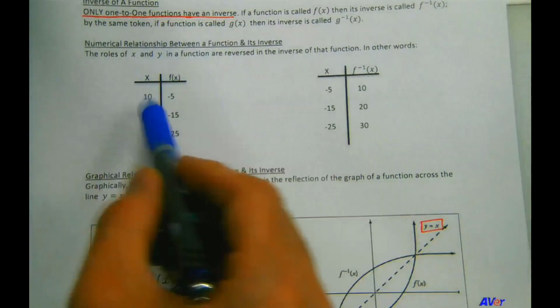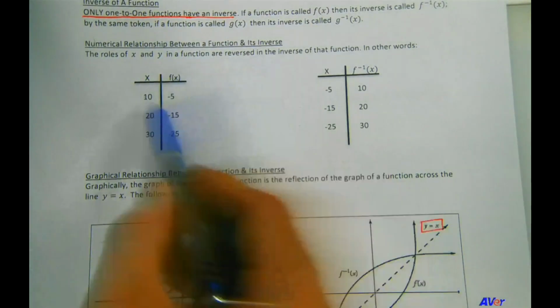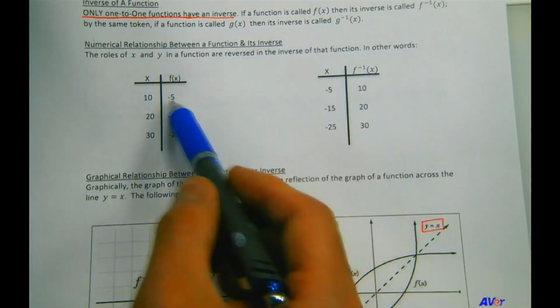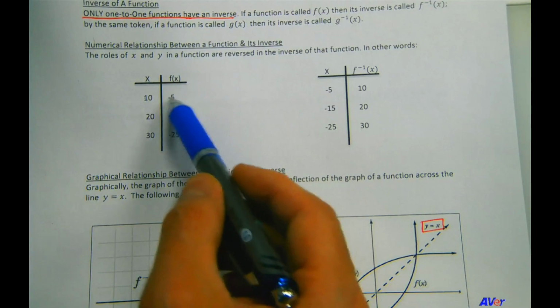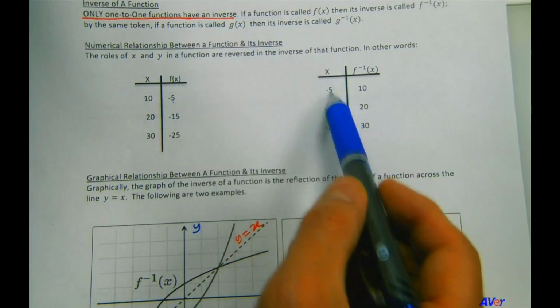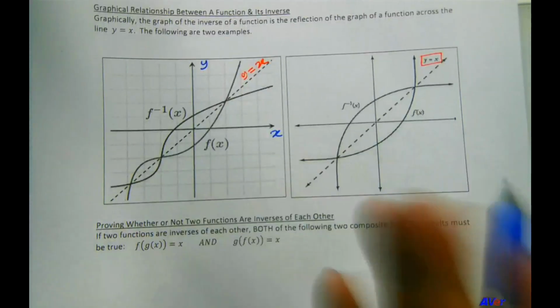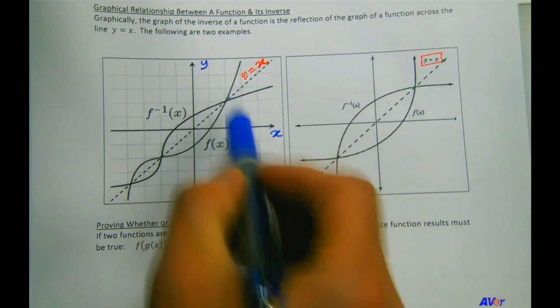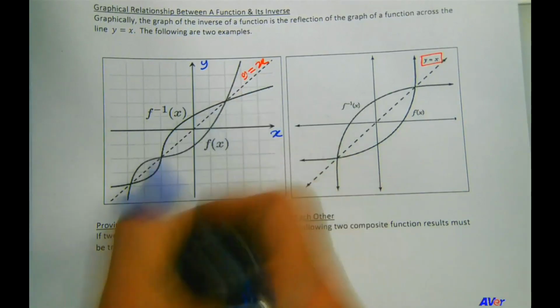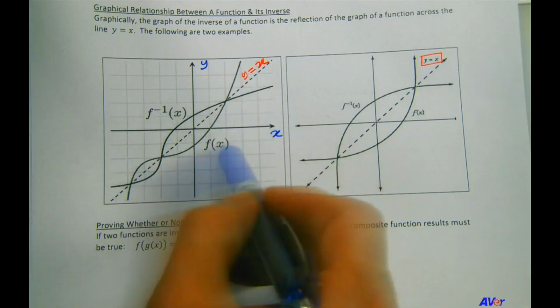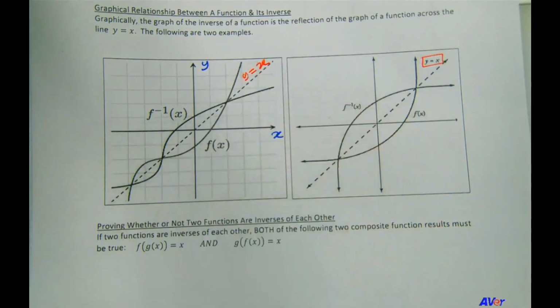Whatever the value of x is now the value of y in the inverse function, and whatever the value of y in the original function is the value of x in the inverse function. So that's the numerical connection. The other connection is graphical. The graph of the inverse function is the image of the graph of the original function across the y equals x line. Okay?